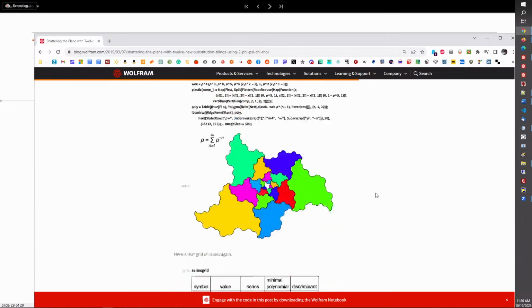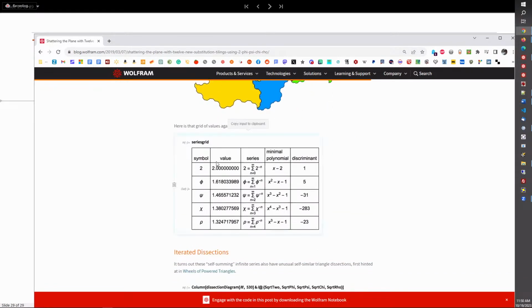And all of these values have the property that they are sums of infinite series of themselves in reciprocal. 2 is the sum of 1 plus 1/2 plus 1/4 plus 1/8 and so on. The golden ratio is the sum of the same sort of thing, but skipping the first power.